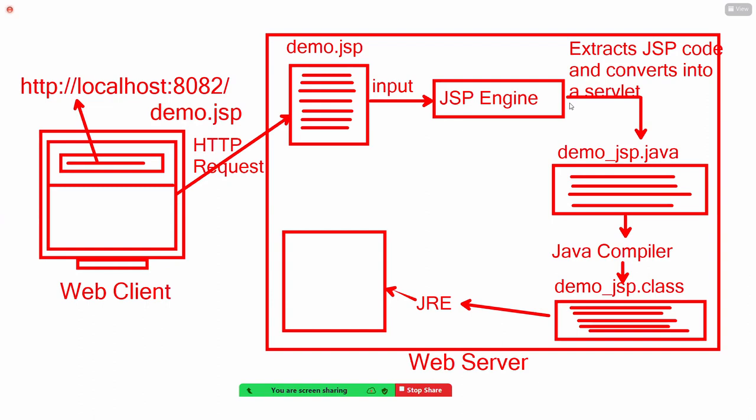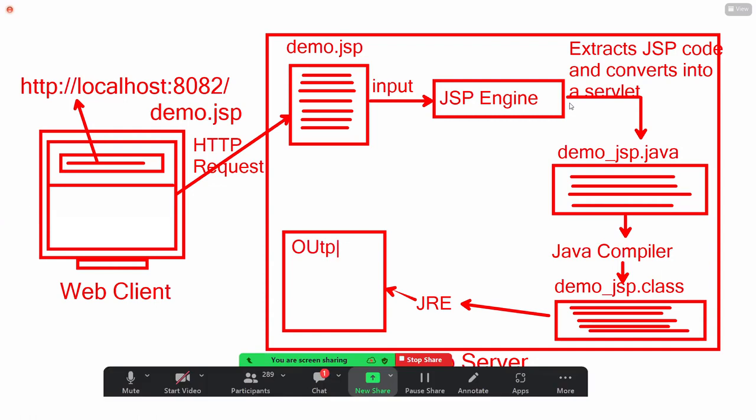You already studied MIME type. What is the full form of MIME? Multi-purpose Internet Mail Extensions. I gave it in the servlet program, the MIME type program also. Which is the default MIME type? text/html. So the default MIME type is text/html. Here the output is captured like HTML.